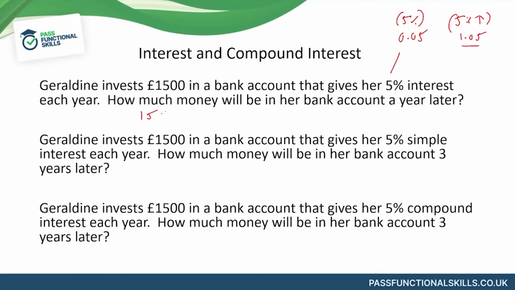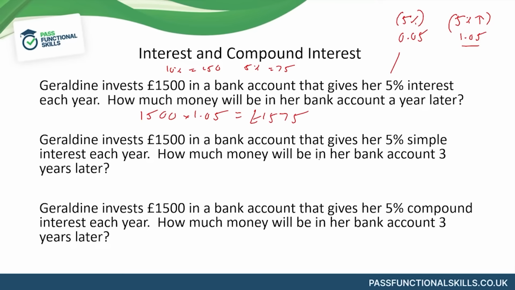So here the calculation is 1500 multiplied by 1.05, and 1500 times 1.05 is £1,575. There we go. Another way you could do it, as I say, 10% is 150, so 5% is half of that, which is 75. Add 75 onto the 1500, you get 1575.